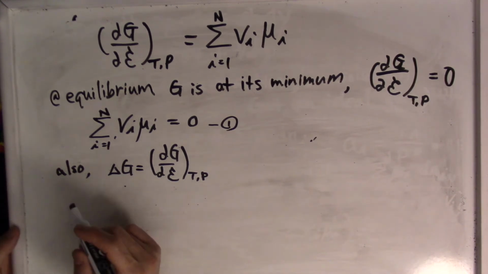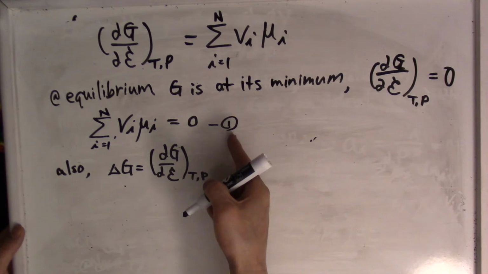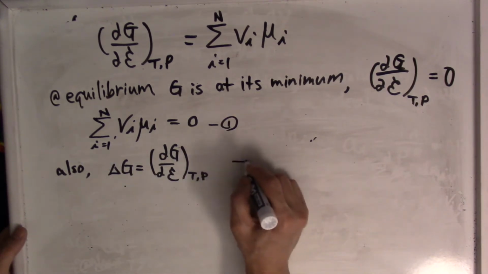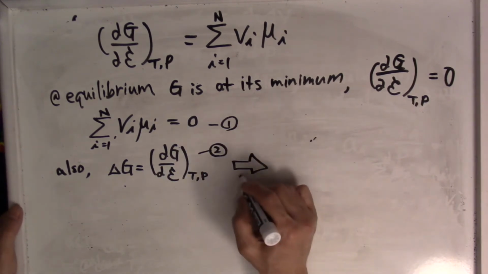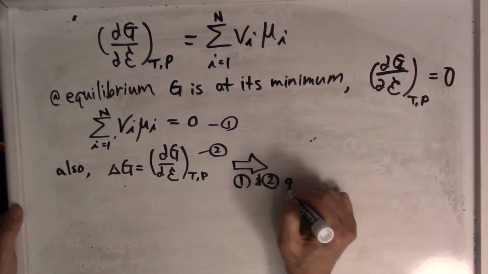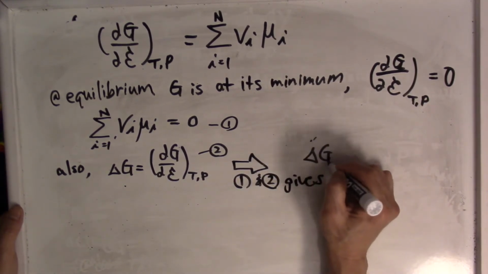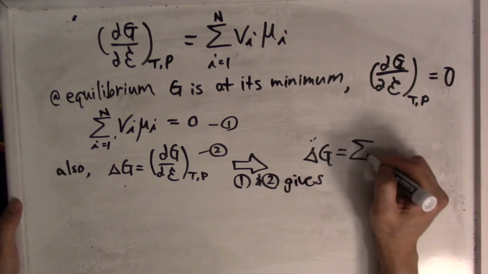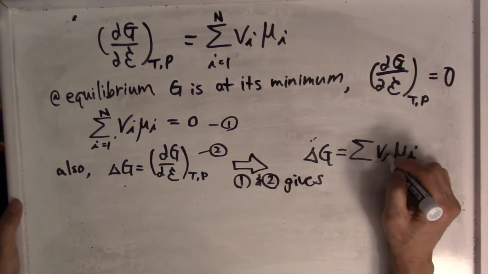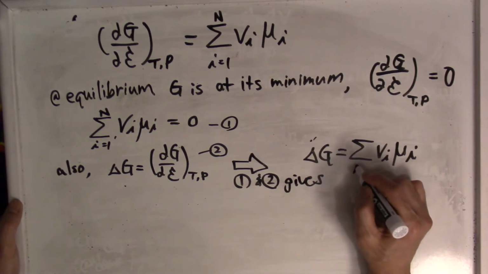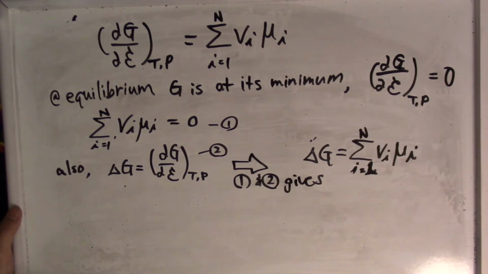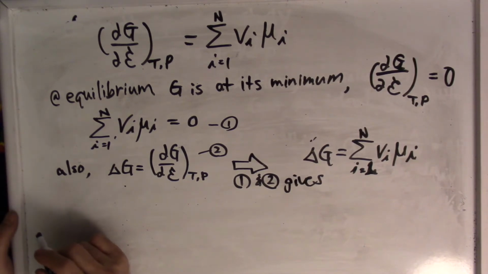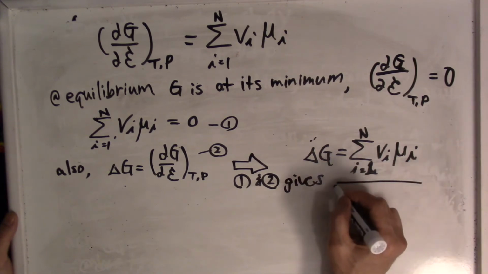So if that's the case, we can call this equation 1 and this equation 2, and combining 1 and 2 gives delta G is equal to the sum of all the chemical potentials with the stoichiometry, i equals 1 through n. That's all it is. Okay, that's simple, straightforward. So that's what the delta G really means, all right?